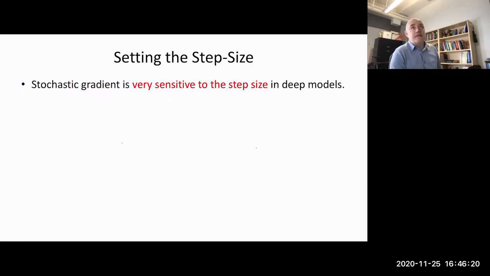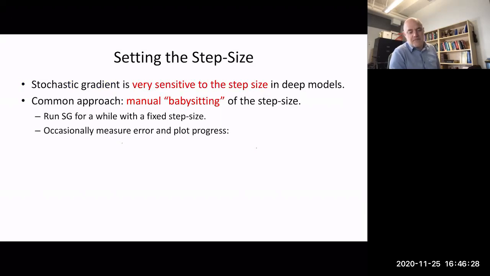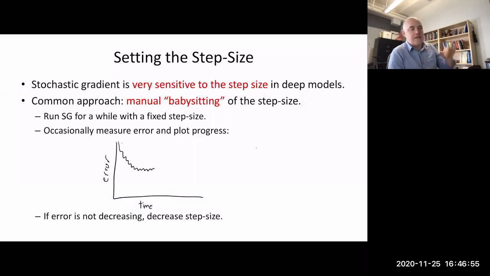It turns out that stochastic gradient, and here Payman can probably say a lot, is very sensitive to the step size. There are modern stochastic gradient algorithms that help this a little bit, but it still is the case that there's a certain amount of manual babysitting of step size that goes on. So you run your optimization algorithm for a little while, and you sort of descend rapidly into the ball of confusion, and then you watch your validation or training error go down as you're going along, and it sort of stabilizes.